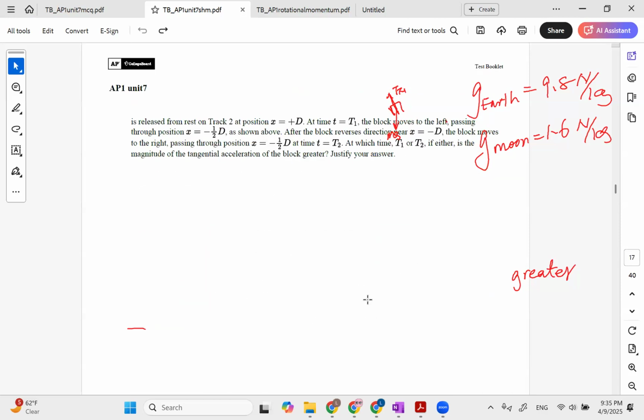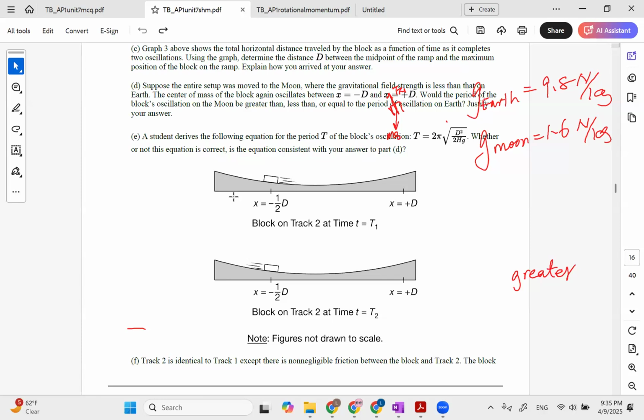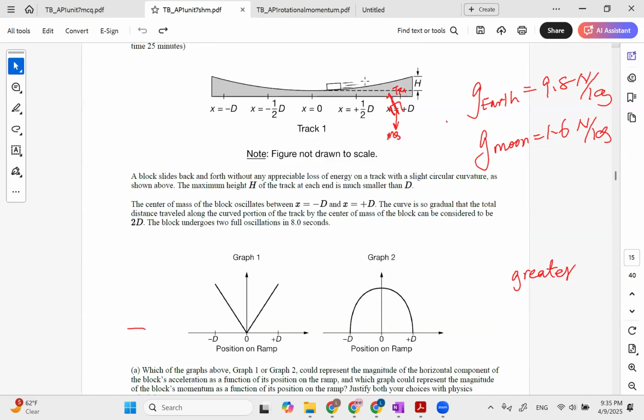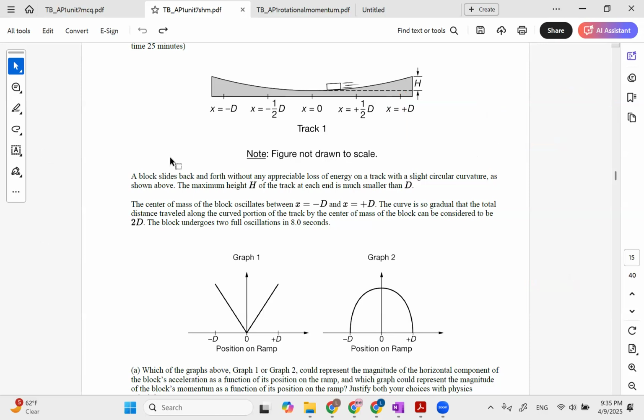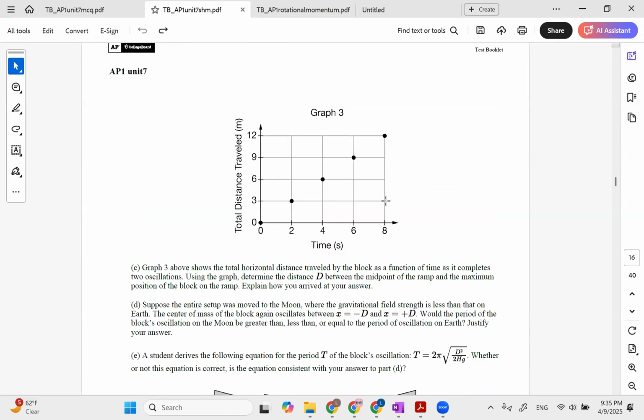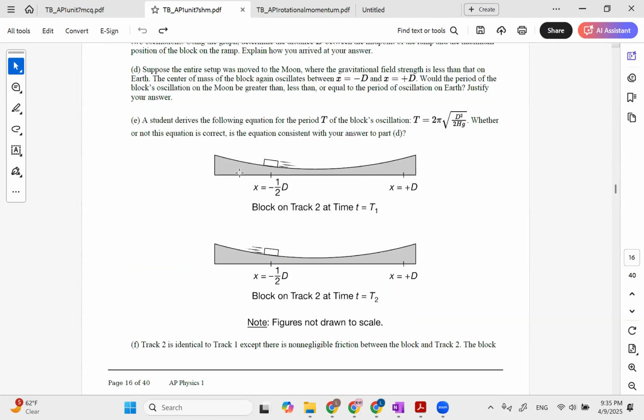Okay, so now let's look at this part. You see, we need to track. Track 2 right now. Track 1 is a situation where you ignore friction. For most simple harmonic motion, you ignore friction. That's why energy is conserved in both the spring mass and simple pendulum situations, right? So right now, there is friction.